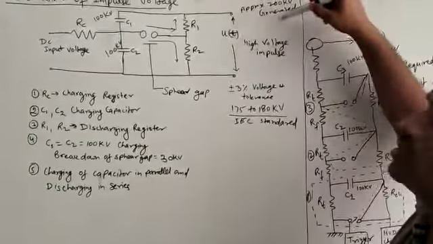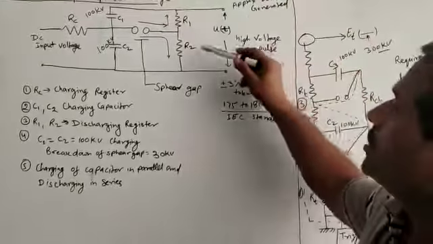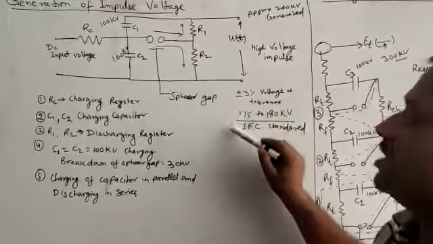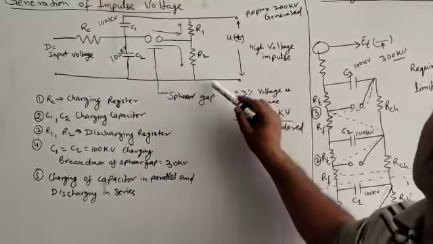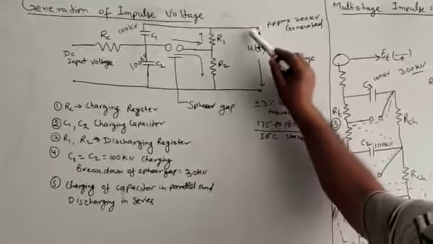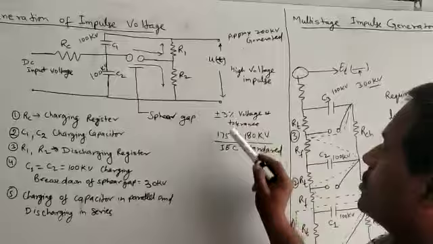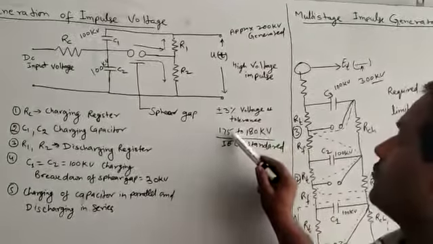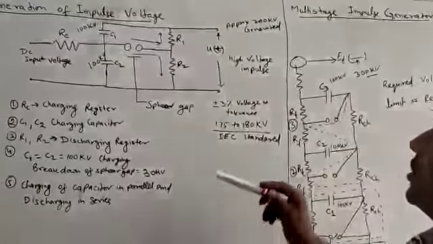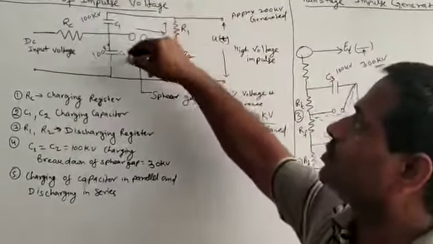The 200 kilovolt will be generated at the output side, but in the IEC standard there is a 3% tolerance at the output side. So we get an output voltage of approximately 175 to 180 kilovolt. Now this is the working principle of the generation of impulse voltage.